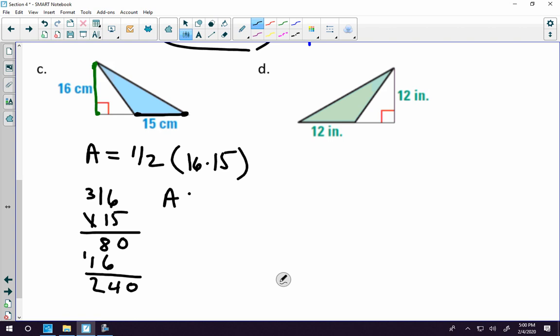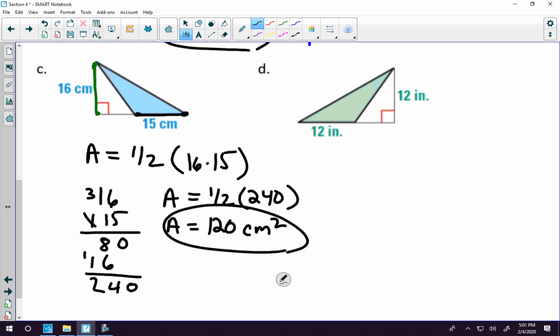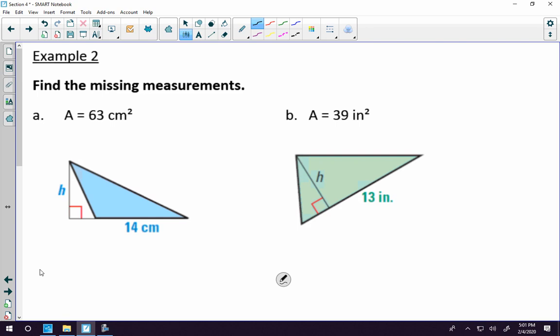So the space inside of this triangle is going to be half of 240, so the space inside that shaded triangle is going to be 120 square centimeters. I'll leave example D for you if you want to practice that concept. So again, the altitude of a triangle can be one of the legs of the triangle. It could be inside the triangle, or it could be exterior to the triangle.